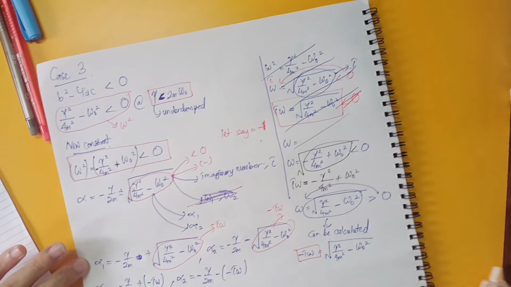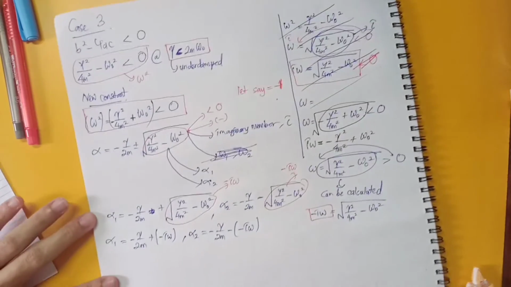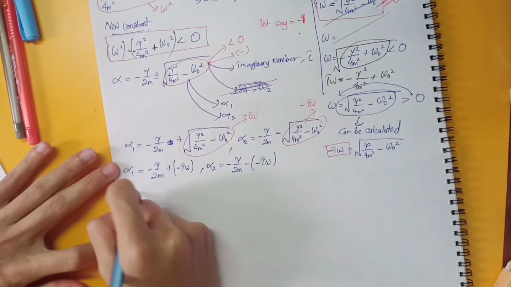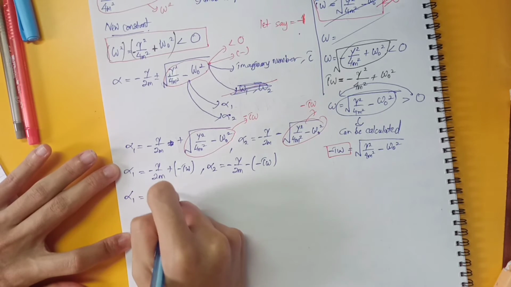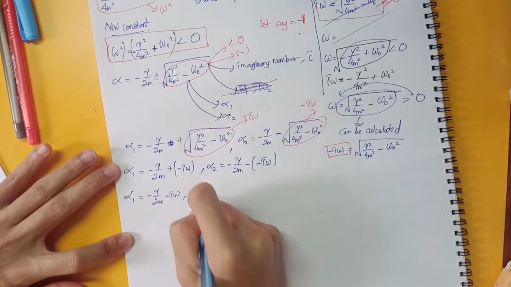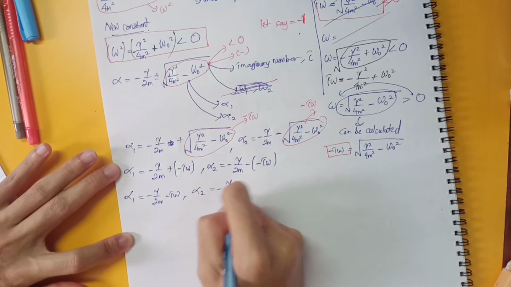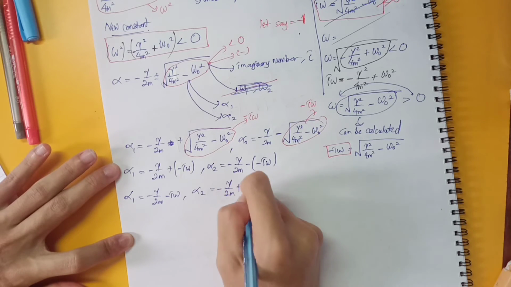Right? So alpha 1 is equal to negative gamma over 2m minus i omega, and alpha 2 is equal to negative gamma over 2m plus i omega.